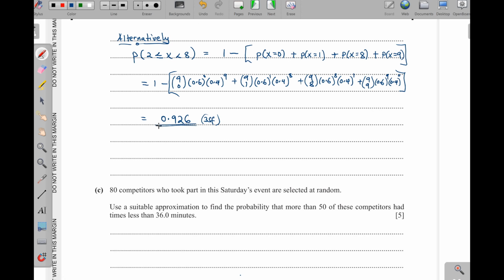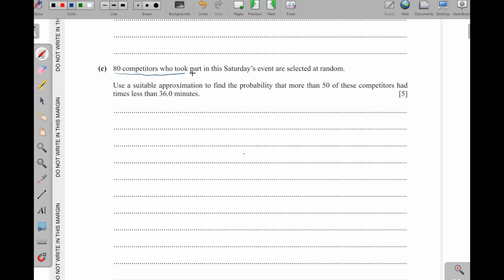That is that. Part C, 80 competitors who took part in this Saturday's event are selected at random. Use an approximation to find the probability that more than 50 of these competitors had times less than 36.0 minutes.